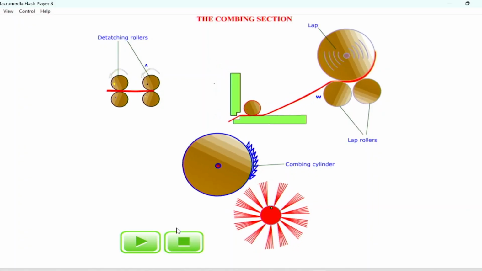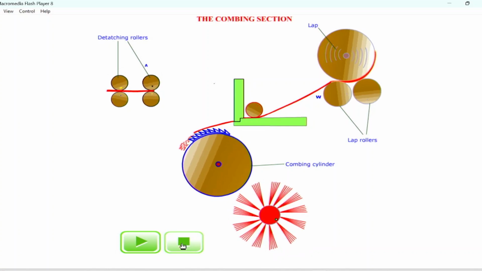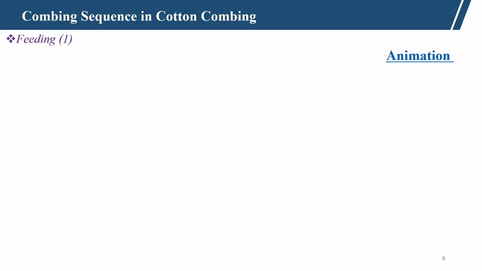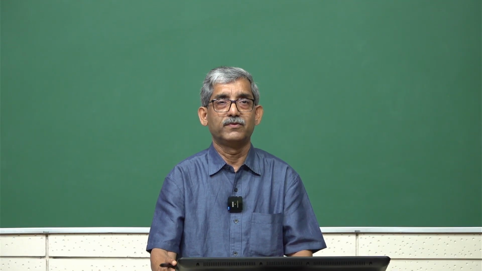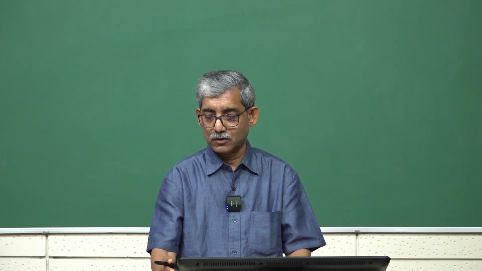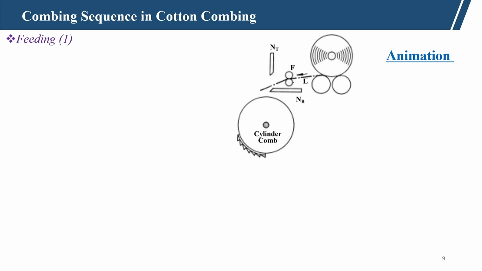Now, we will try to understand the other aspects. The combing sequence starts with the feed roller, feeding. We have the feed roller F, and here there are two nippers, NB and NT. NB is the bottom nipper, NT is the top nipper.